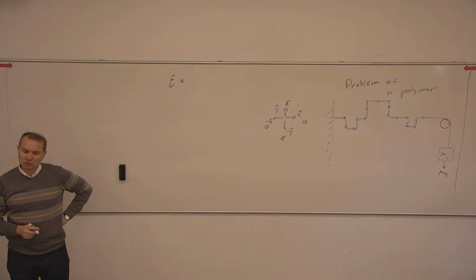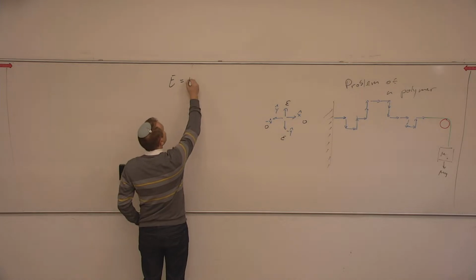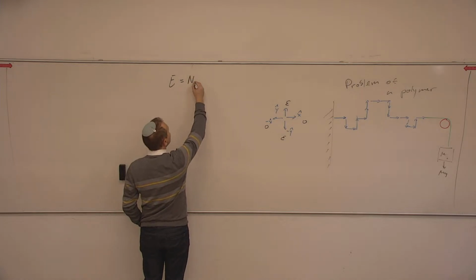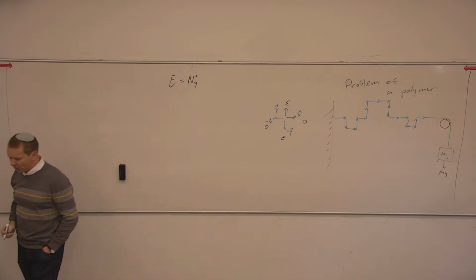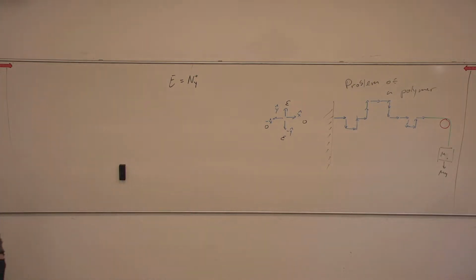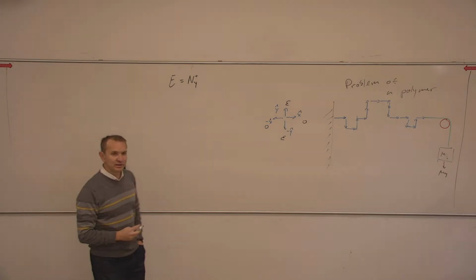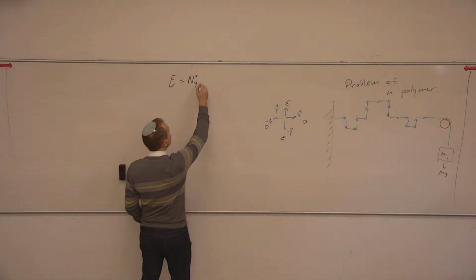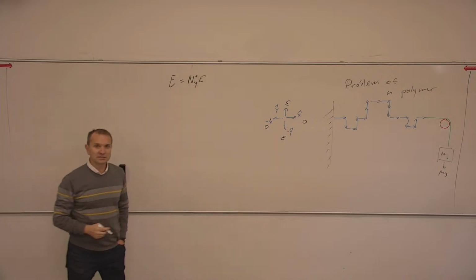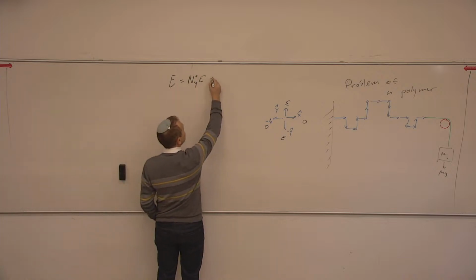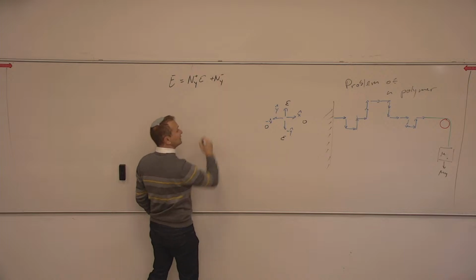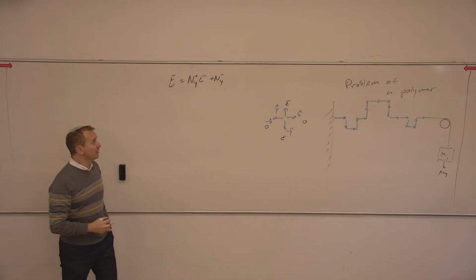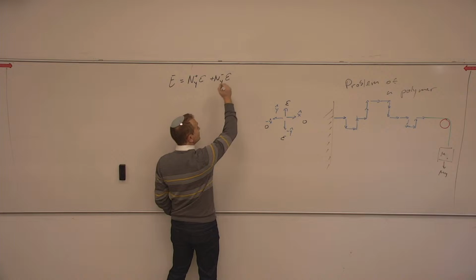So the total energy was Ny plus, which is the number of links, the monomers that are oriented in the positive y direction, multiplied by epsilon, plus Ny minus multiplied by epsilon.